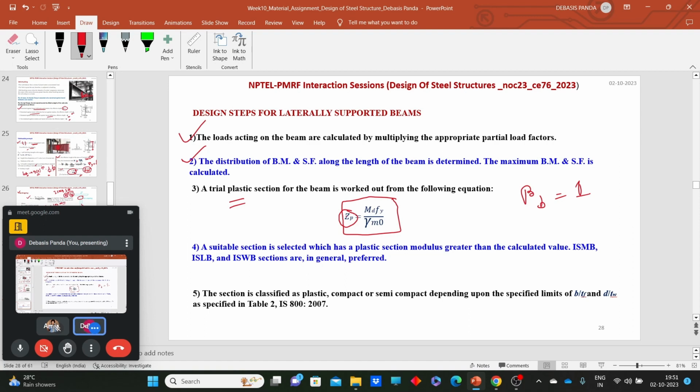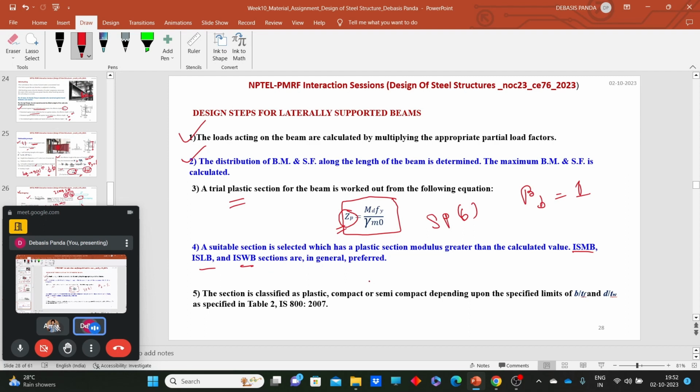Then, as per that required ZP, we go to SP6 and look at medium weight, lightweight, or heavyweight beam sections, and we select one specific section.